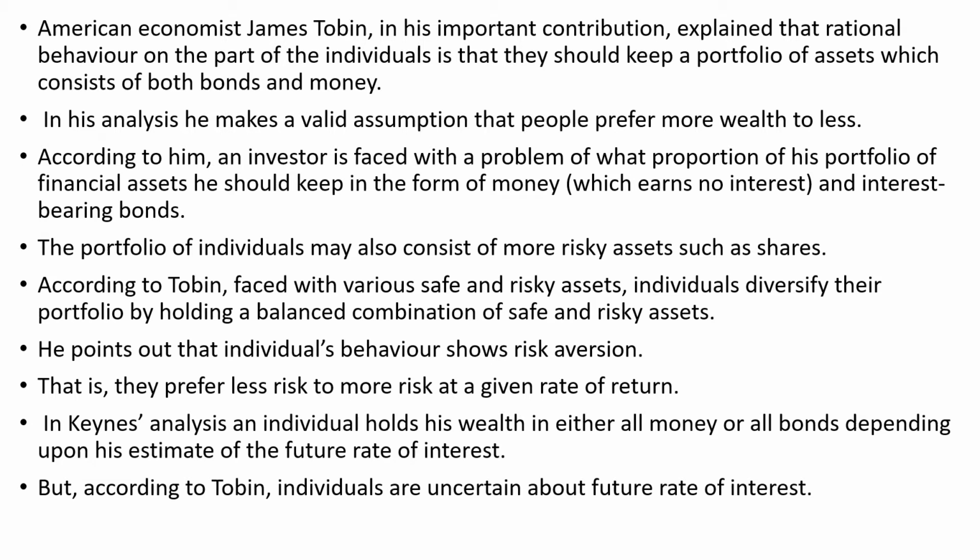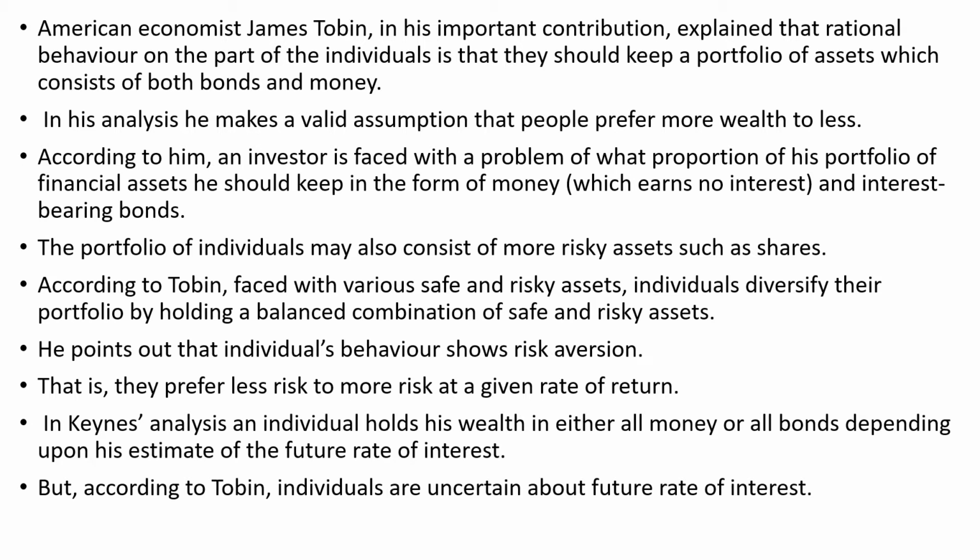So the portfolio of an individual would consist of risky assets such as shares and riskless assets such as money. As per Tobin, individuals would be faced with safe as well as risky assets, and they diversify their portfolio by holding a balanced combination of both safe assets and risky assets.